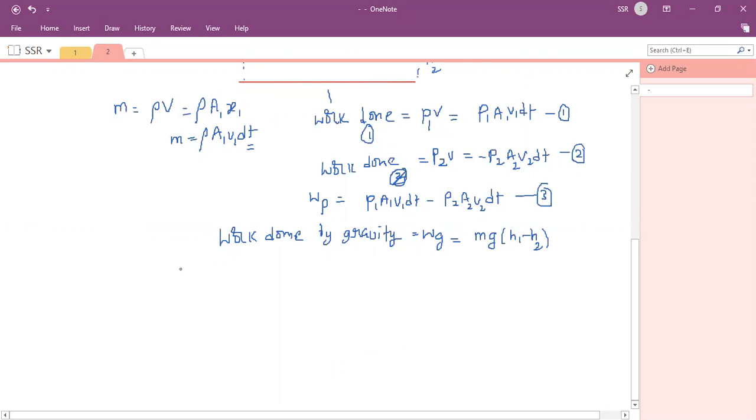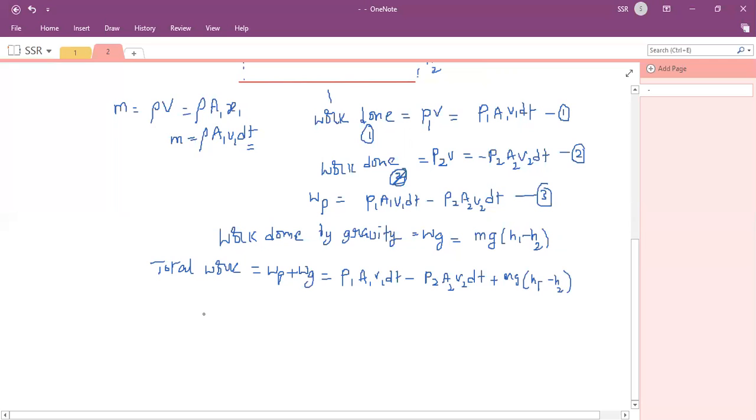Then the total work on the fluid is equal to W pressure plus W gravity, that is P1 A1 v1 dt minus P2 A2 v2 dt plus mg (h1 minus h2). This is the total work.